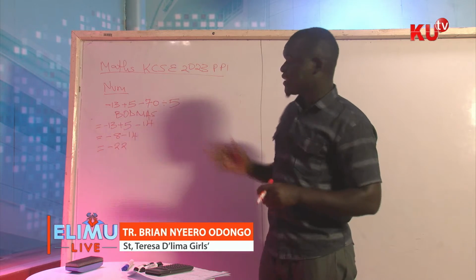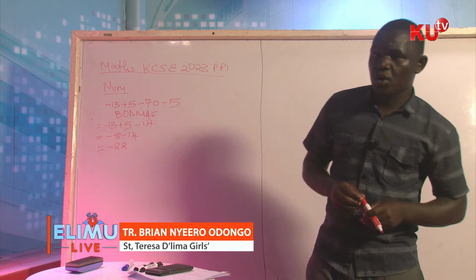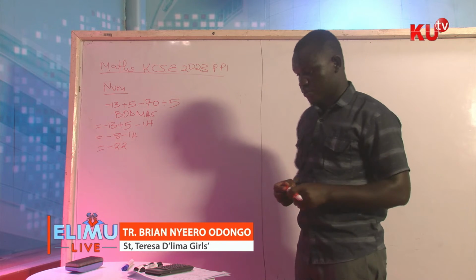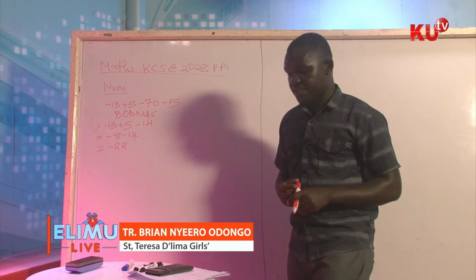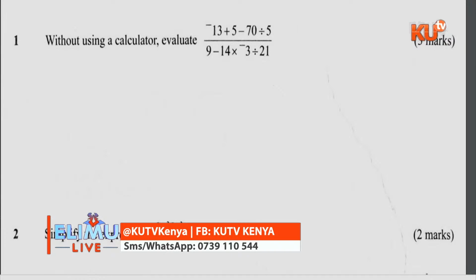Then after we've gotten the answer for the numerator, dear students, we go ahead and work out the denominator part. So let's check back our fraction. Under the denominator, it is 9 minus 14 times negative 3, then divided by 21.